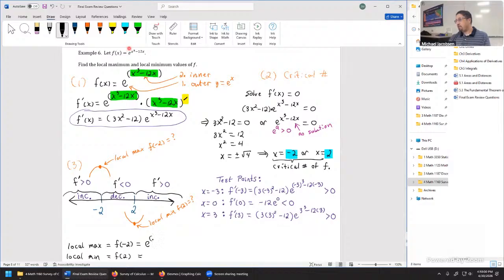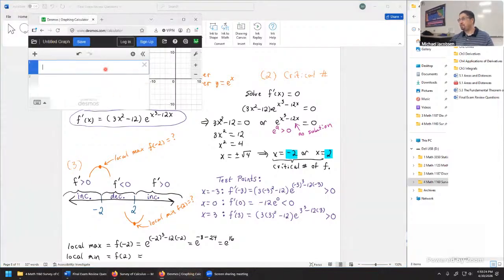You would get e to the power of -2 cubed minus 12 times -2. That's e to the power of -2 cubed is -8. -12 times -2 is 24. So that's e to the power 16. Really, really large number. Just for emphasis, here's our local maximum value.